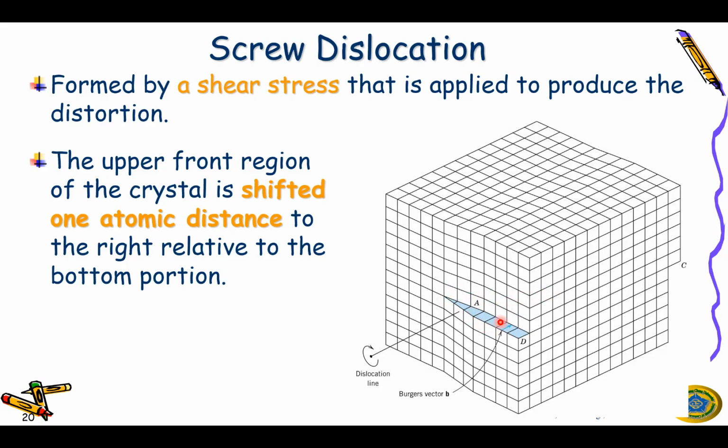The upper region of the crystal is shifted one atom distance to the right relative to the bottom portion. The bottom portion doesn't move, but the upper portion moves one atom distance.